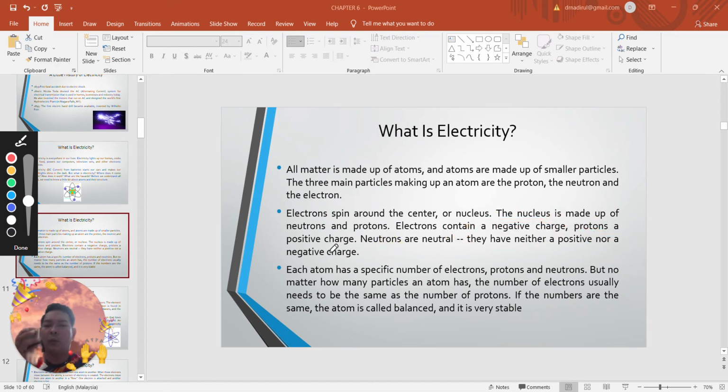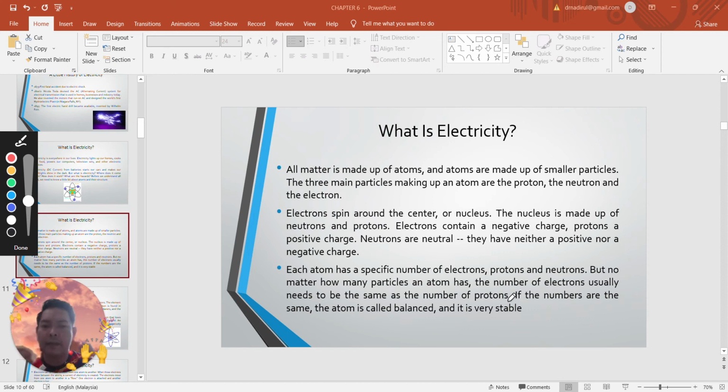Okay. And each atom has a specific number of electrons, protons and neutrons. But no matter how many particles an atom has, the number of electrons usually needs to be the same as the number of protons, meaning that there needs to be a balance between the number of protons and the number of electrons.